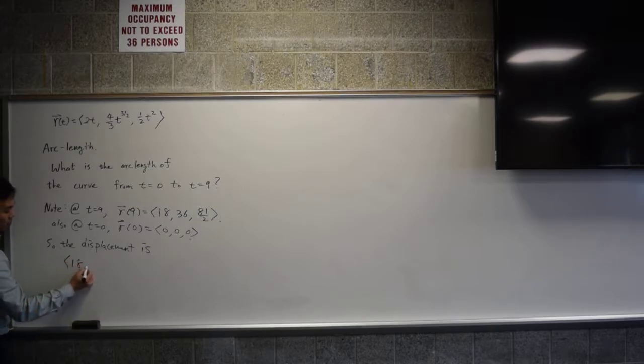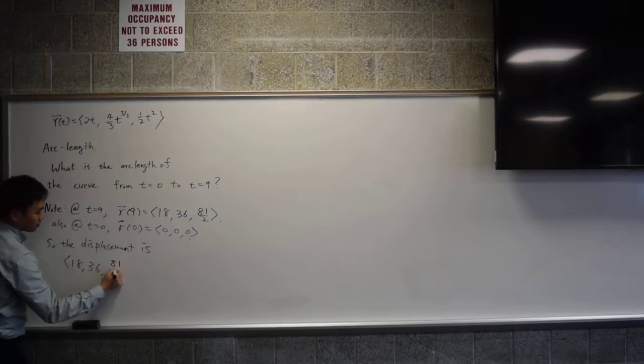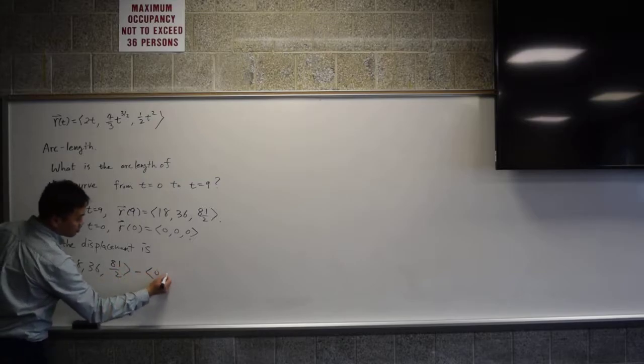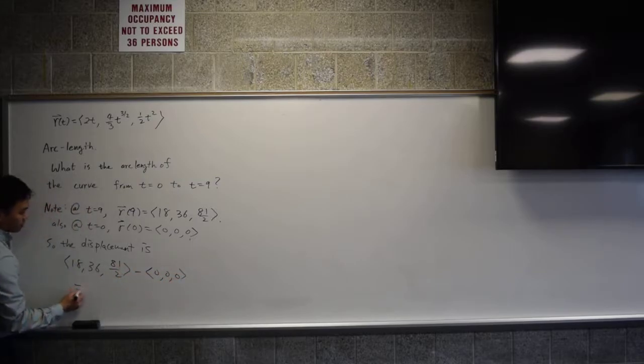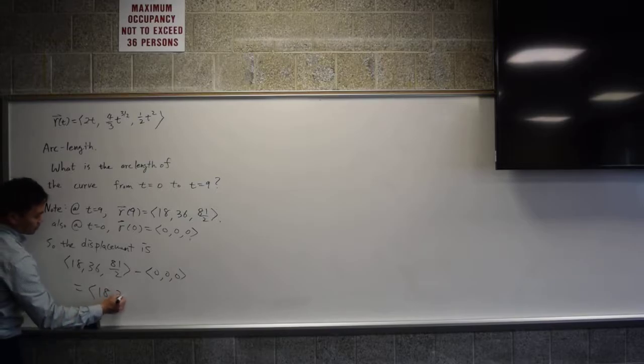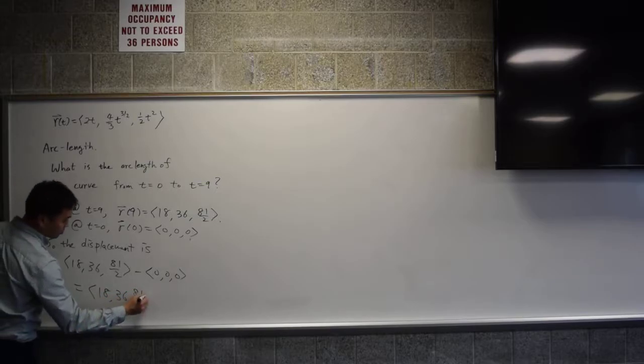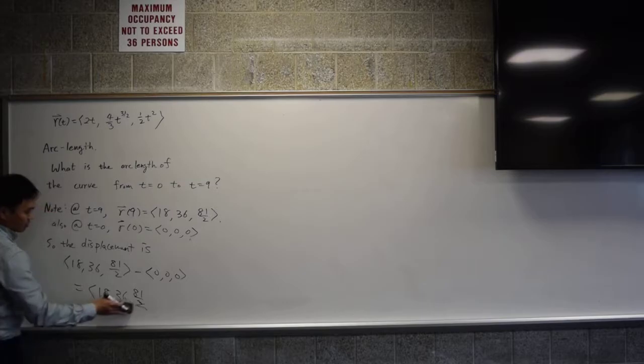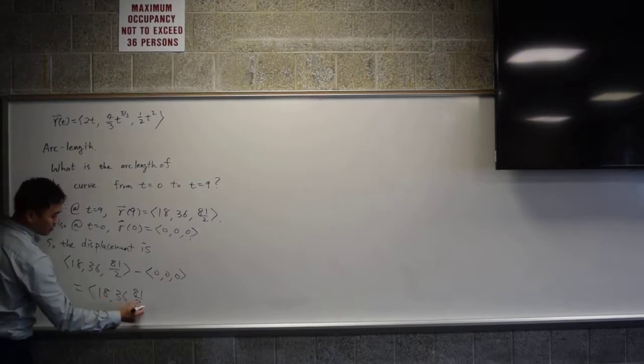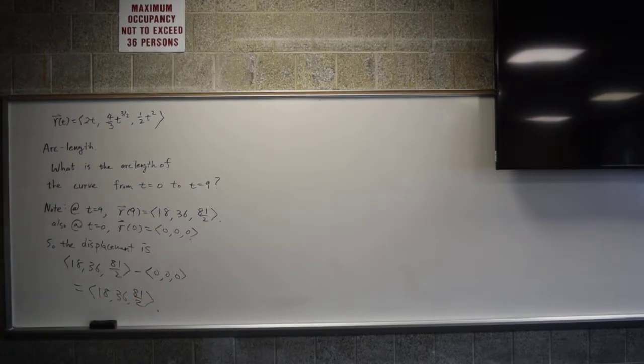It's terminal minus initial, right? Terminal point minus initial point, which is 18, 36, 81 over 2.